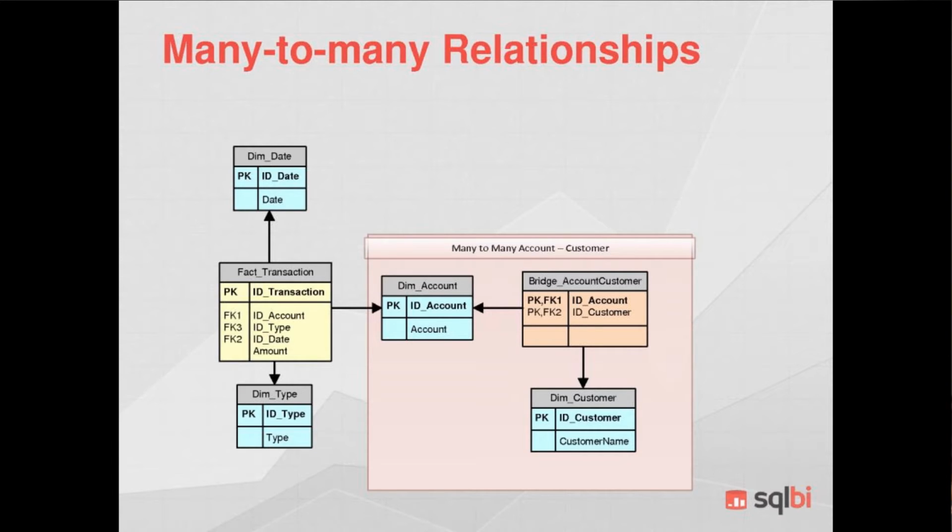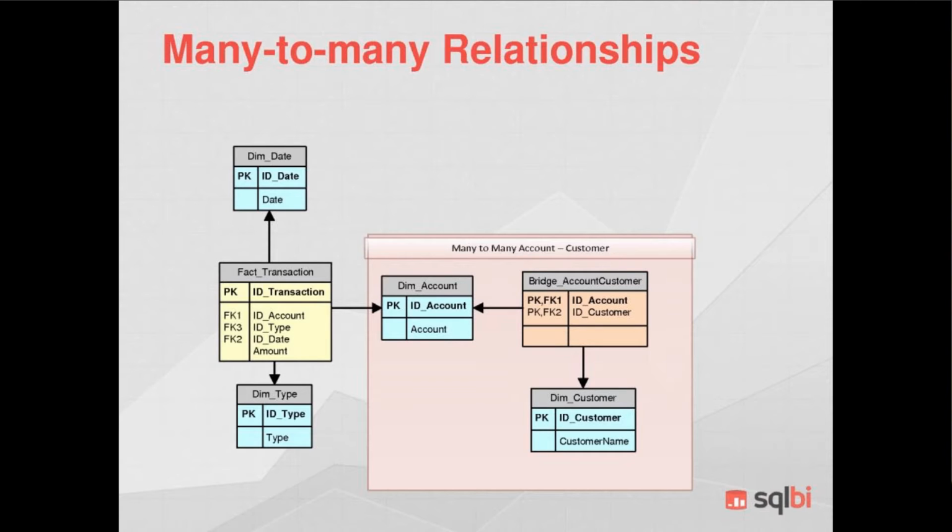Transactions are linked to accounts, and an account can be owned by many customers. You might have an account with your wife, an account with your friend, an account with your company or whatever. So there are many customers for a single account, and there are many accounts for a single customer.